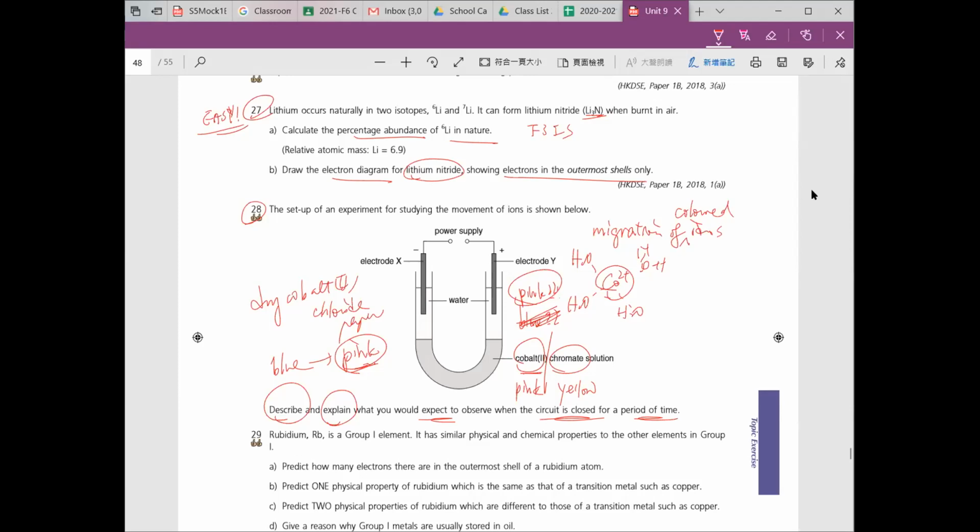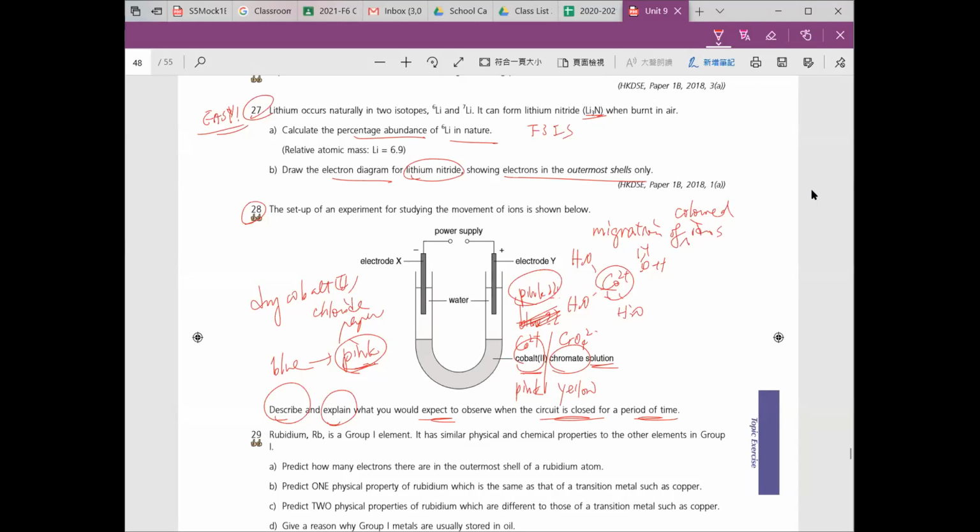So the original color is orange, but as said before, the cation is pink and the anion, chromate, is yellow. So once I put it into the gel solution here under the influence of an electric field, what will happen? The ions will migrate. They will move directionally to either side.